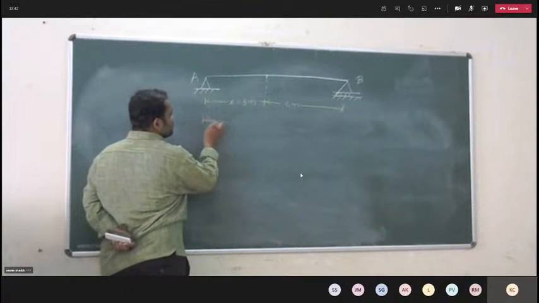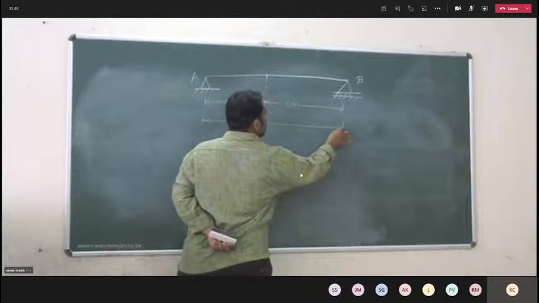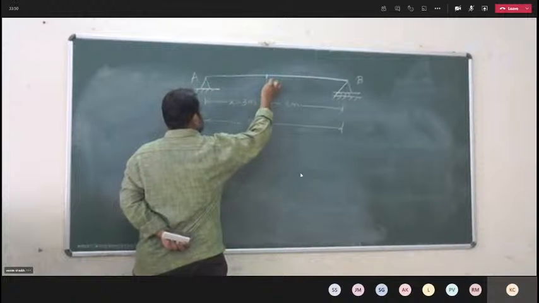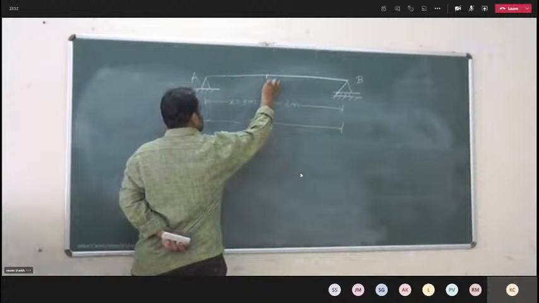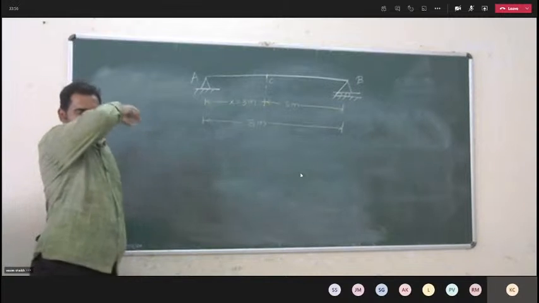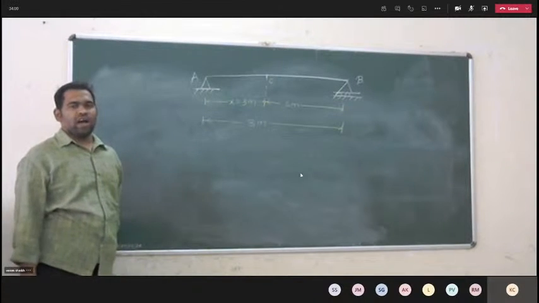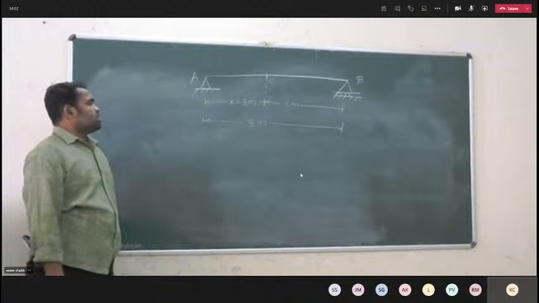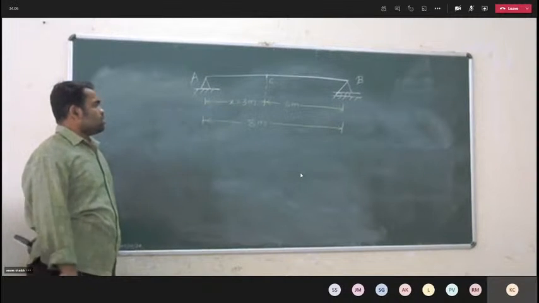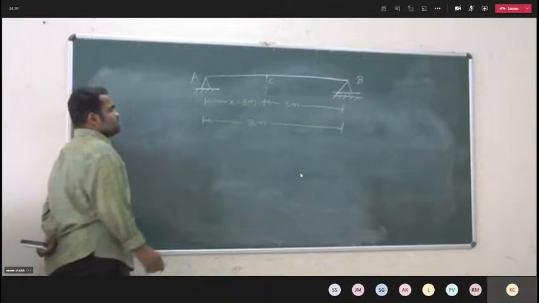Total span of the beam is 8 meters. First we have to find out the reactions RA and RB, then the coordinates of the reactions for drawing the ILD, right?